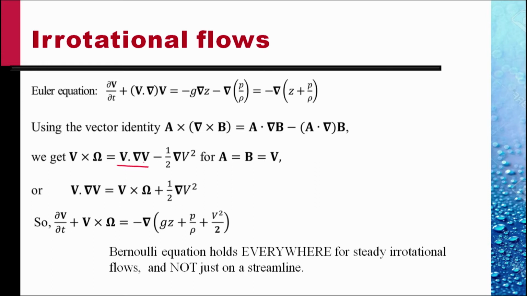Thus, the Bernoulli equation holds everywhere in a steady irrotational flow and not just on a streamline. We can take points 1 and 2 for the Bernoulli equation anywhere in the flow field and not just on a streamline, as was required for general inviscid flow which was not necessarily irrotational.